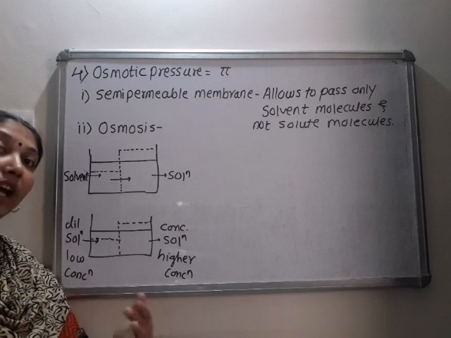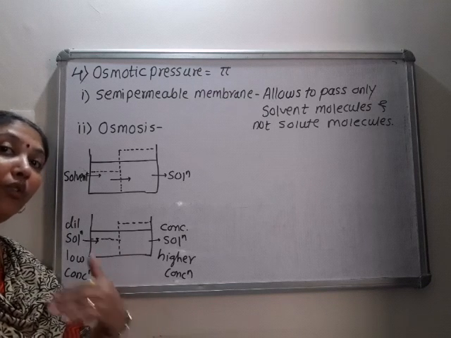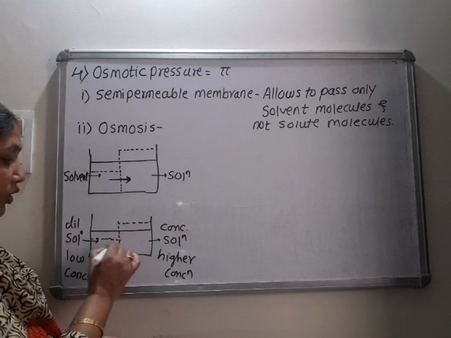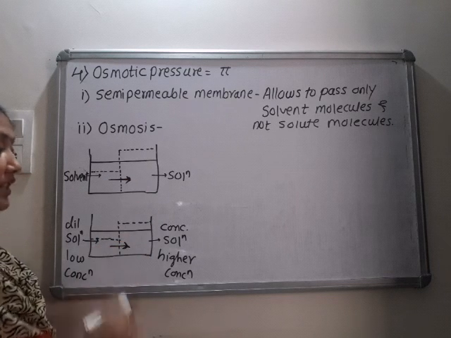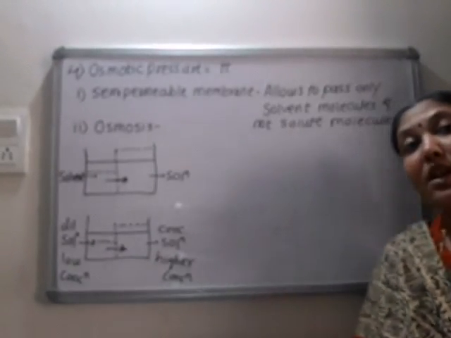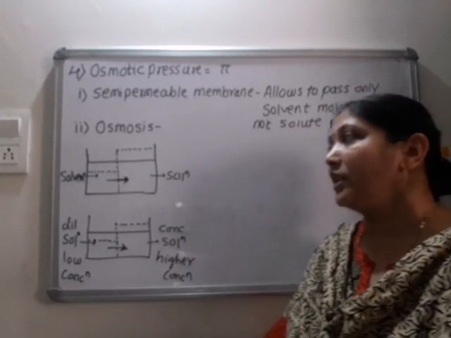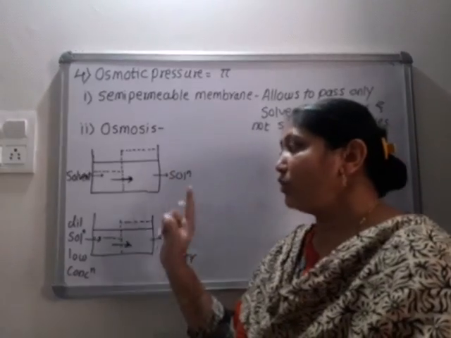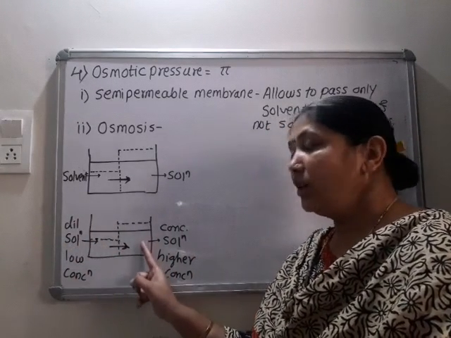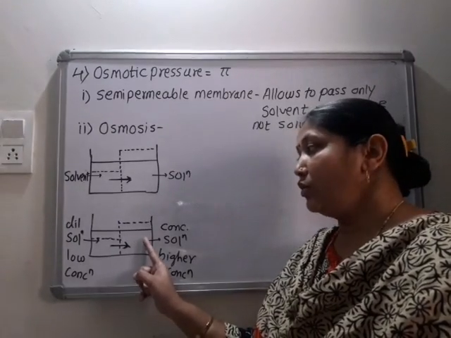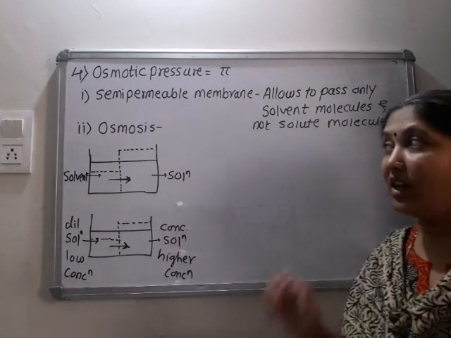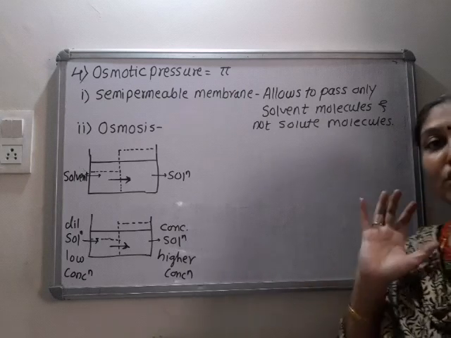So the net flow of solvent is in this direction. Here also the net flow of solvent is in this direction. This net spontaneous movement of solvent into solution, or solvent of dilute solution into solution having higher concentration, is called osmosis.